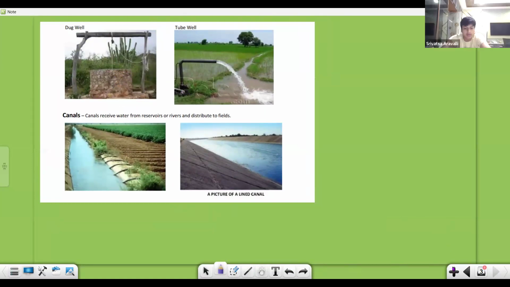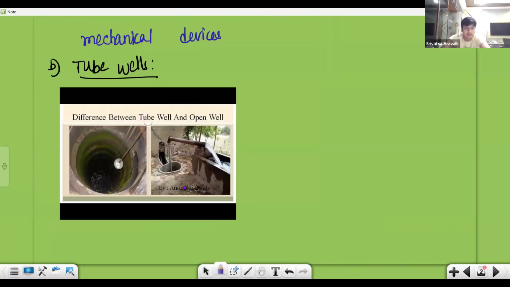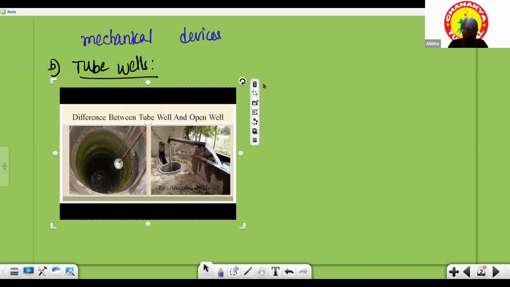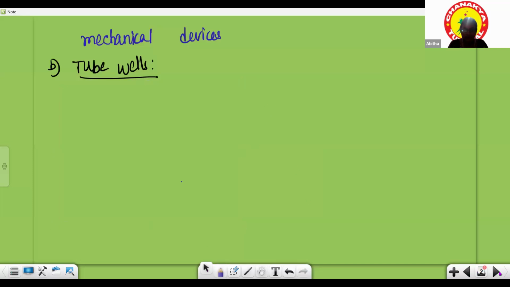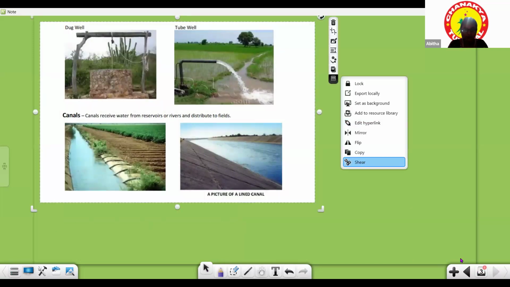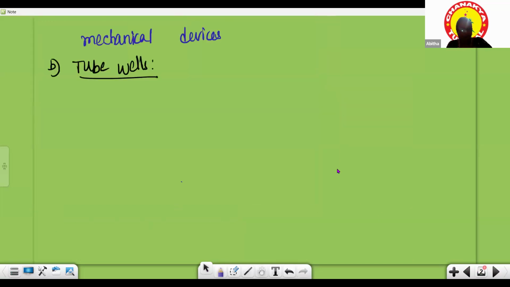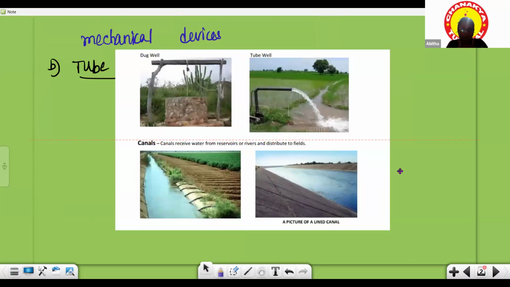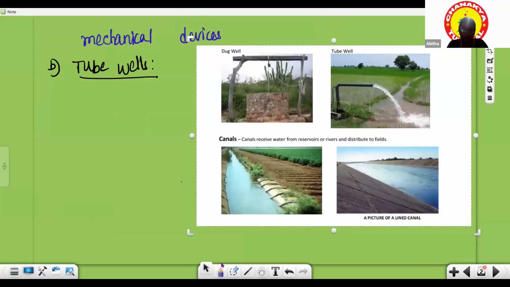So let me remove this. So what are tube wells? In these wells, water can be lifted from deeper strata using pumps.